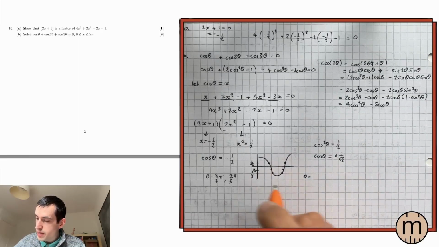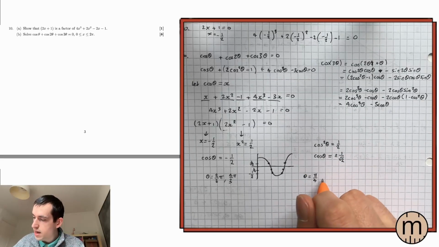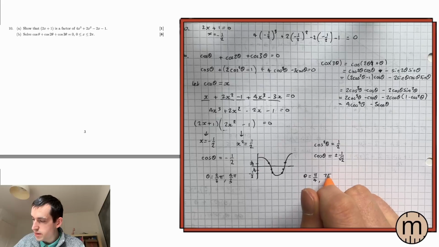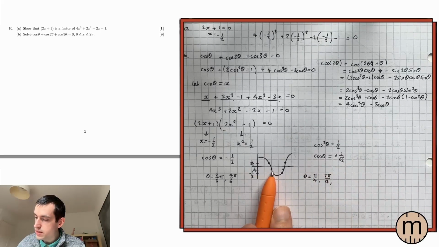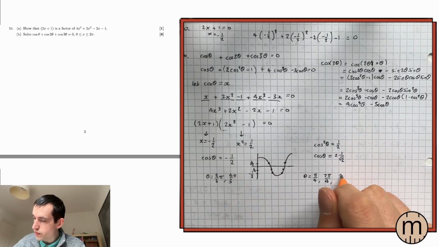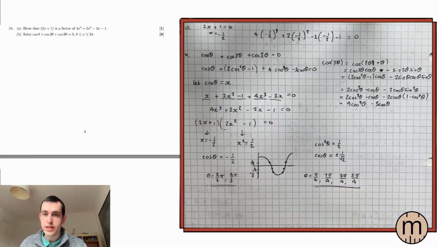Those values of theta will be pi over 4, you can just put that into the calculator, and 2 pi minus that, which is going to be 7 pi over 4. And then if we do the minus value, then we're going to get 3 pi over 4 and also 5 pi over 4. And those should be all of the solutions within the range.